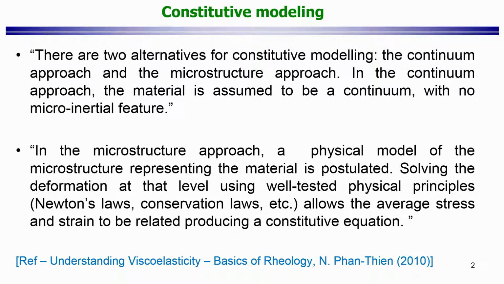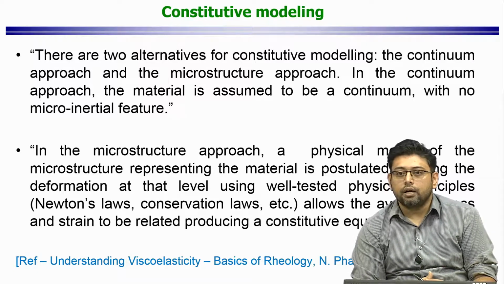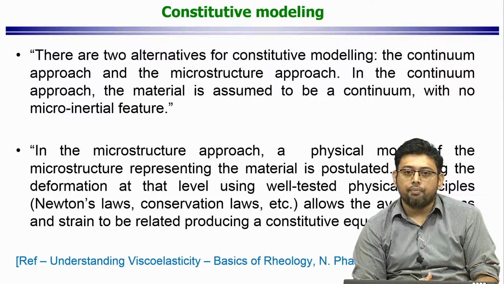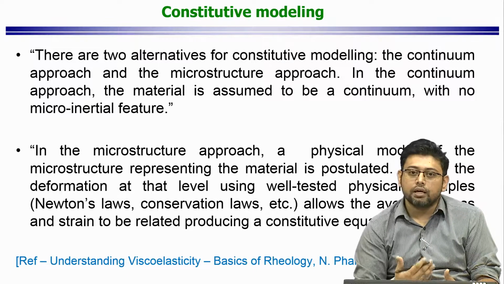But then there is the other side of it, where we take the microstructure, and we assume that the molecular nature of the material is understood. Maybe it is a polymer where you have very large molecules, maybe it is a linear polymer, and then you can try to use first principles. So, you apply your first principles to that molecular structure.